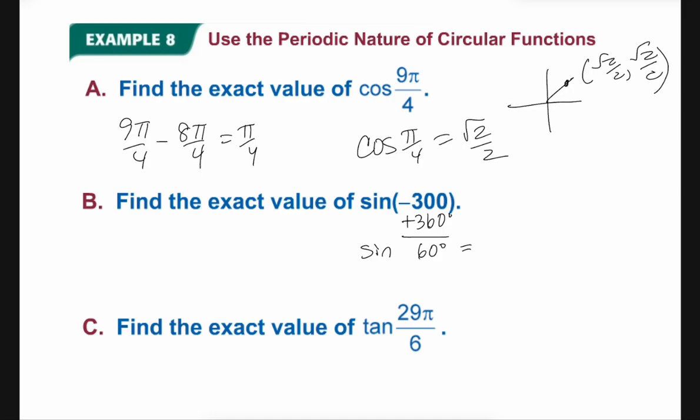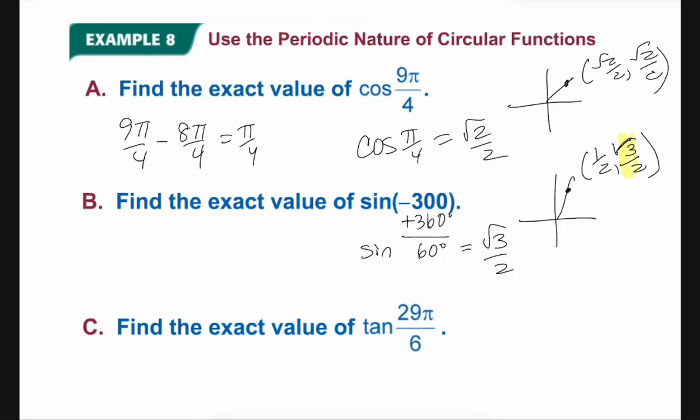And so 60 is the point 1/2, square root of 3 over 2. Sine is our y value at that location. The answer to this is square root of 3 over 2. So where did I land, even if I got there in a non-traditional way? Where do you land? And that's the point you get to use.